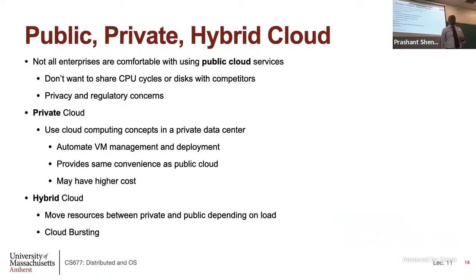I'll talk a little bit about different cloud models. There are three models here: public cloud, private cloud, and hybrid cloud. When you go to a third-party cloud provider like Amazon AWS, Google's cloud platform, Microsoft Azure, or Alibaba, which has its own cloud, you are using what is called a public cloud.